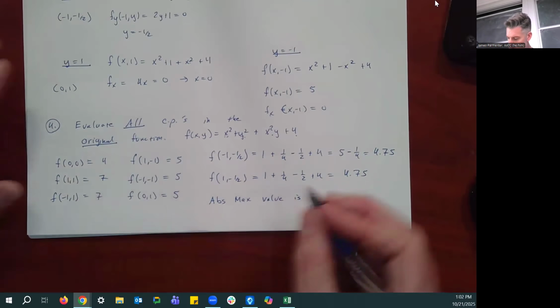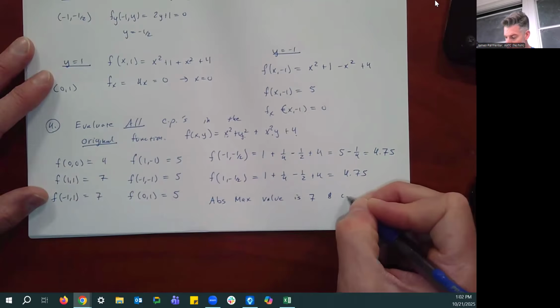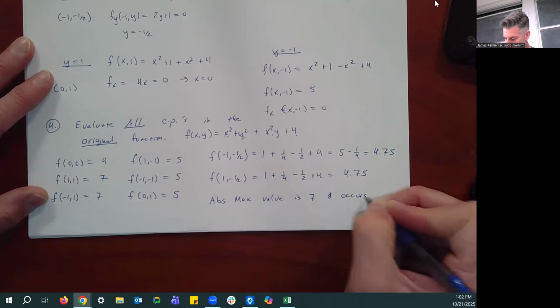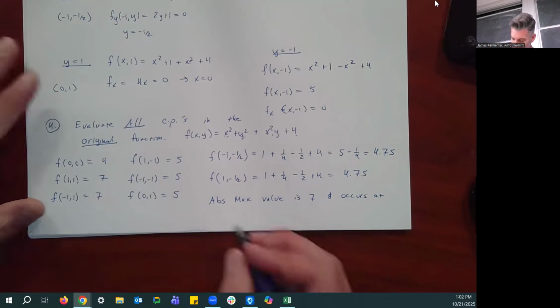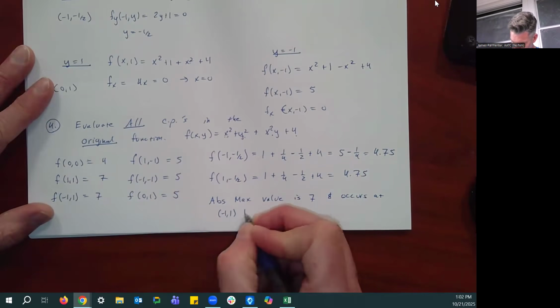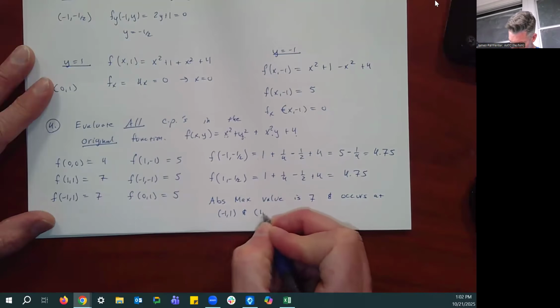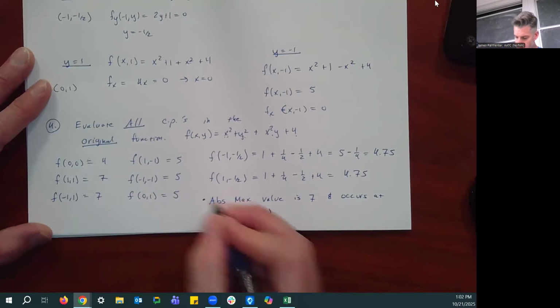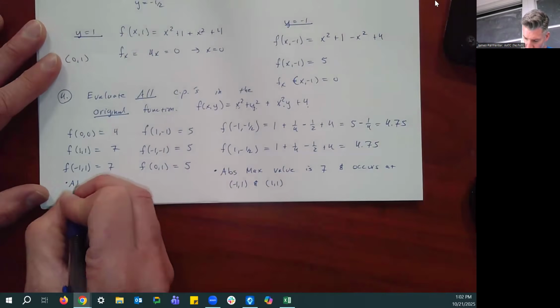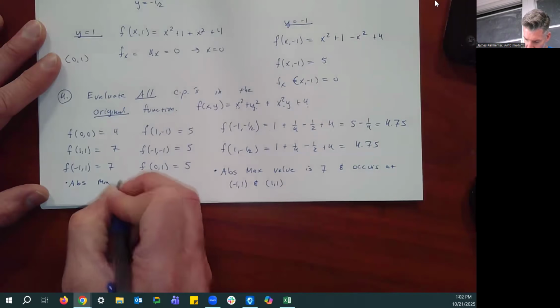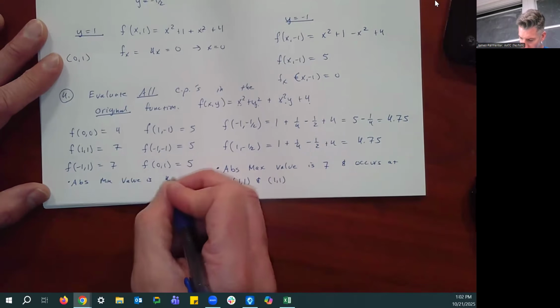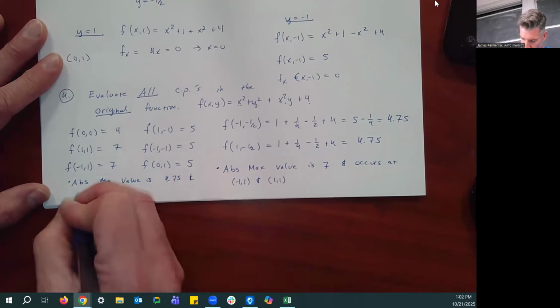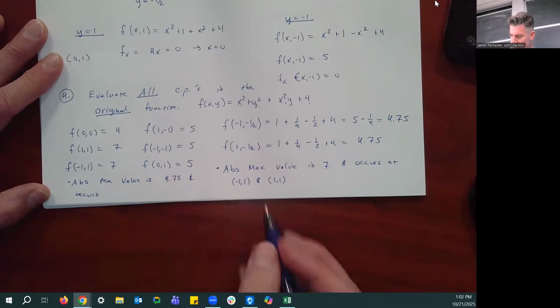And occurs where? Right. At 1, 1 and at negative 1, 1. Similarly, the absolute minimum value is 4.75 and occurs also at 2 points.